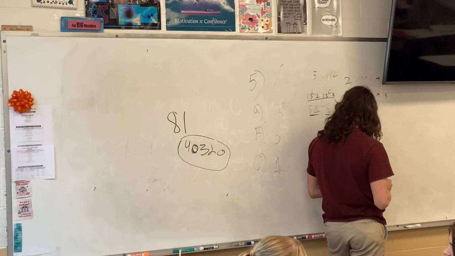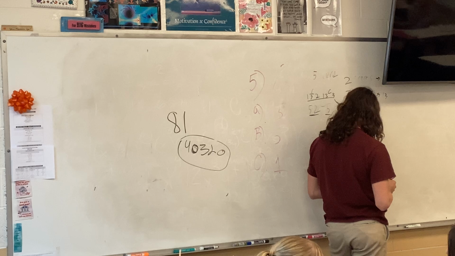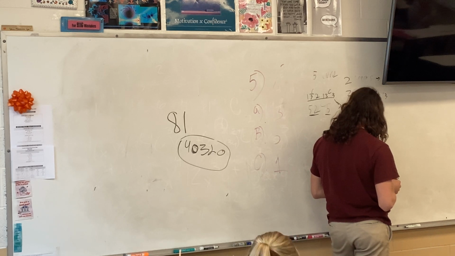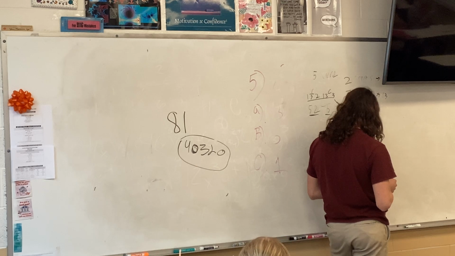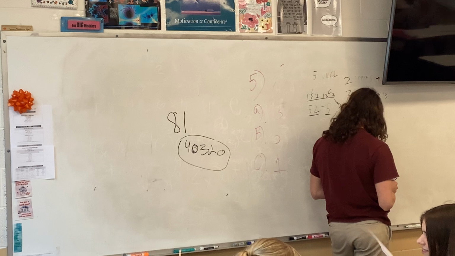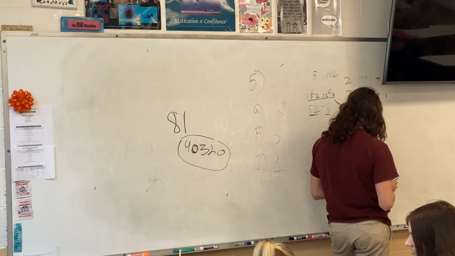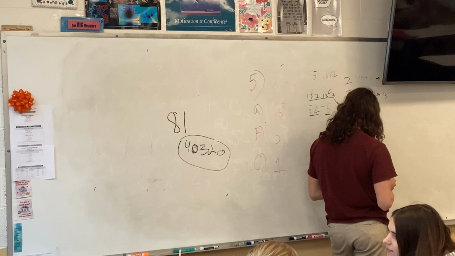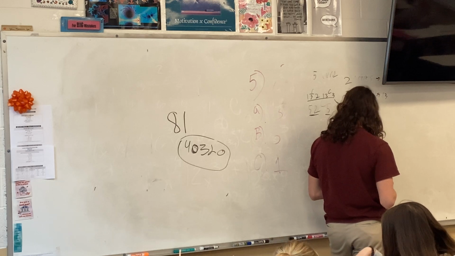Does everybody understand why he did 52C5 on the bottom? That's also a 5-card hand. How about the 13C2? There's 13 hearts, and he's picking 2 of them. And then 13C3, there's 13 clubs, and he's picking 3 of them. He's gonna multiply those, because he wants hearts and clubs, and then divide by his 52C5.